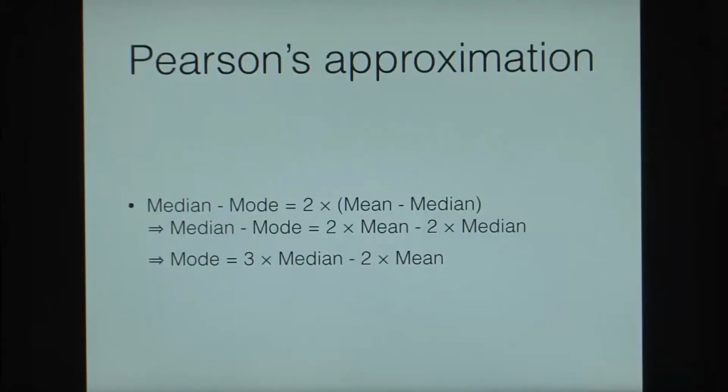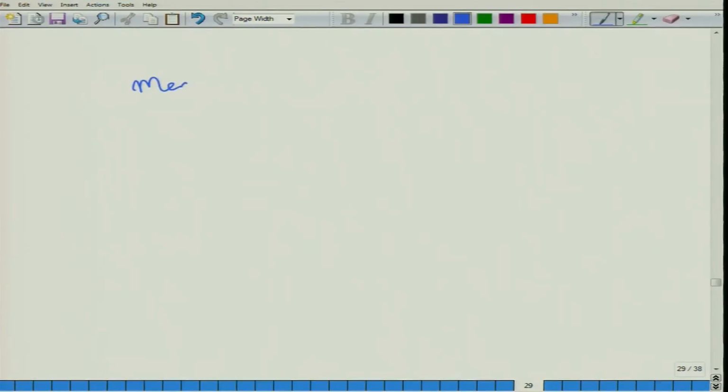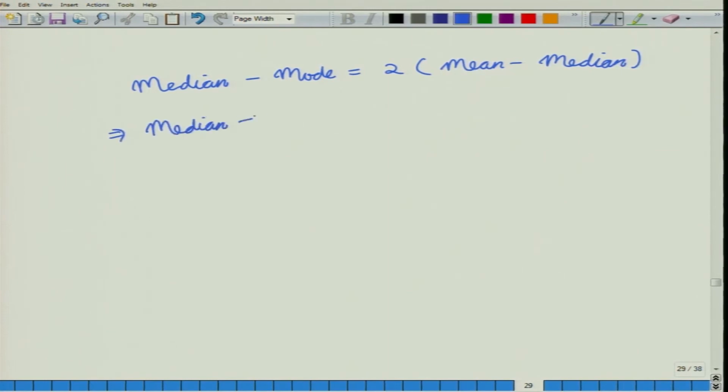Now, Pearson has given us an approximation. For most of the distributions, this holds valid. It goes like median minus mode equals twice mean minus median, implying that median minus mode equals twice mean minus twice median.